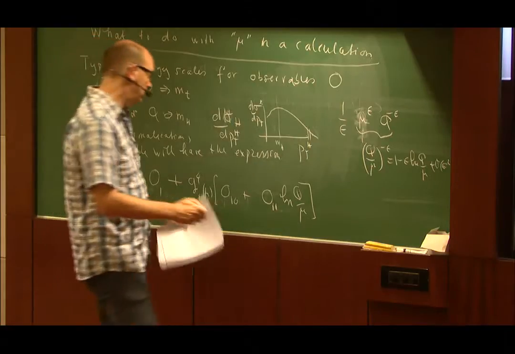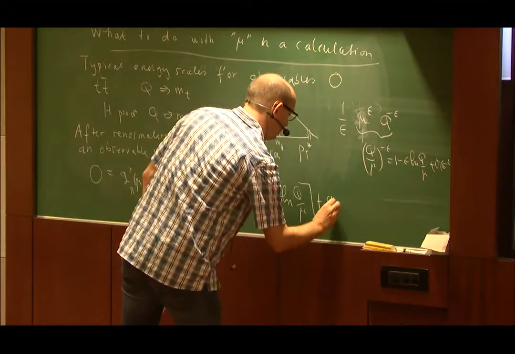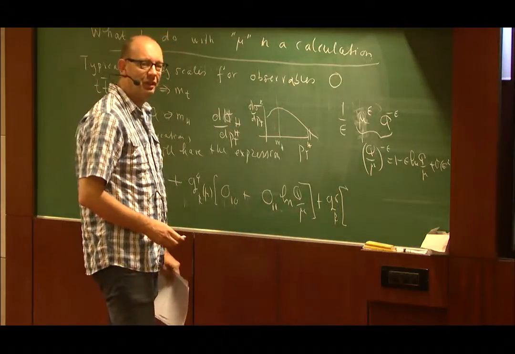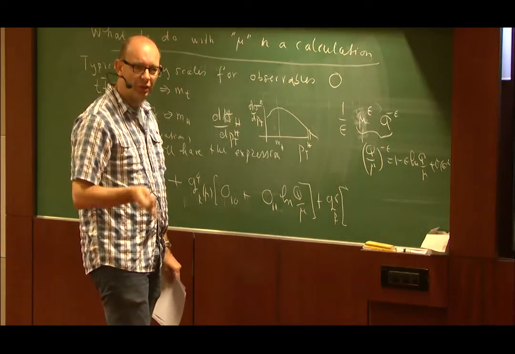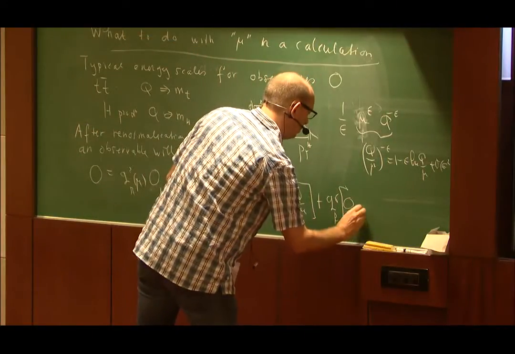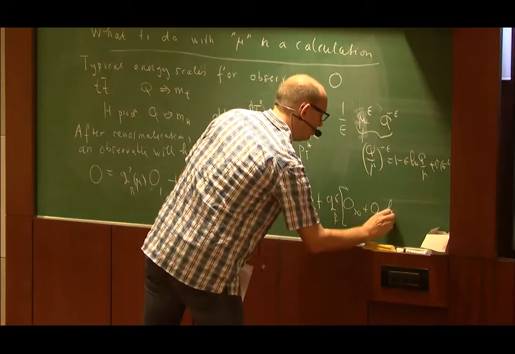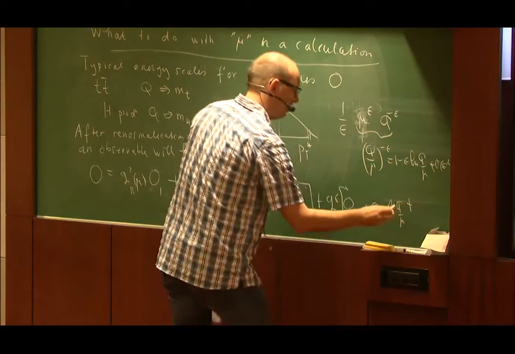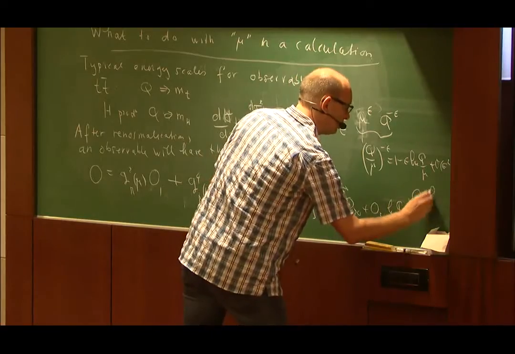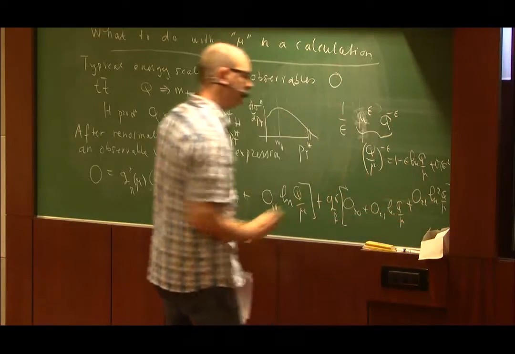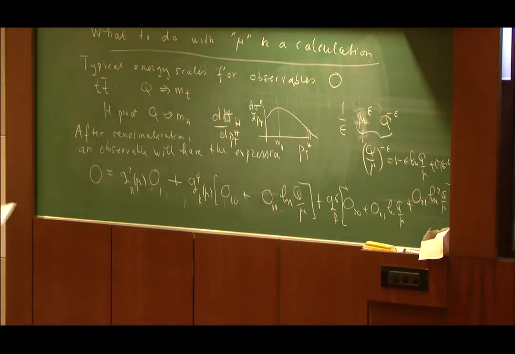So at 2 loops, you can now guess, g_R to the 6th, you have now 3 types of terms: those with 2 logs, those with 1 log, and those with 0 logs. So you have O20 plus O21 log q over mu plus O22 log squared q over mu. But you see the pattern.